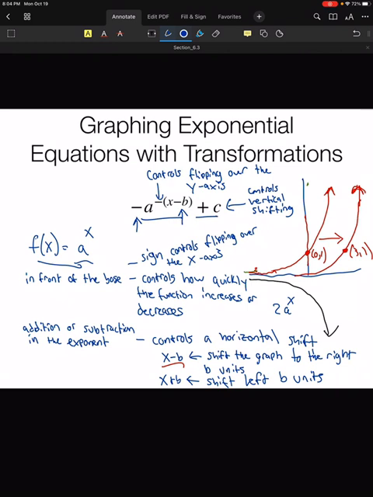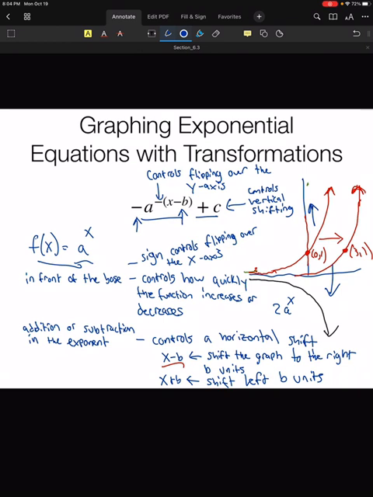Plus c is going to shift this graph up c units. Minus c is going to shift it down c units. So it controls the vertical shifting. And this example probably works more the way that your mind thinks. Plus is up, minus is down. Okay, and so that's the basics of graphing an exponential equation using transformations.